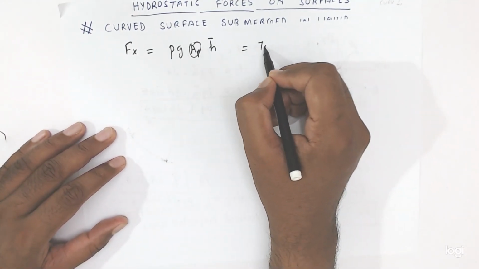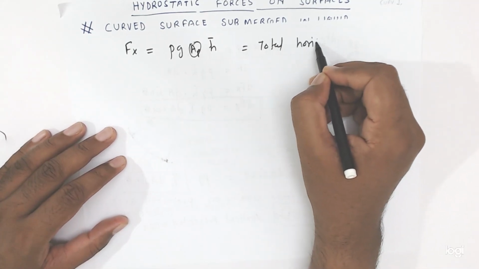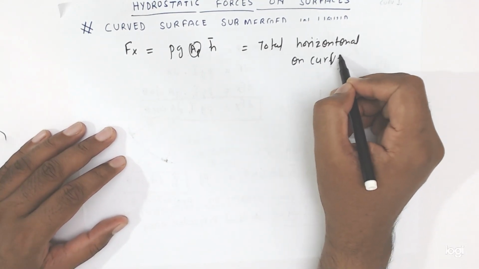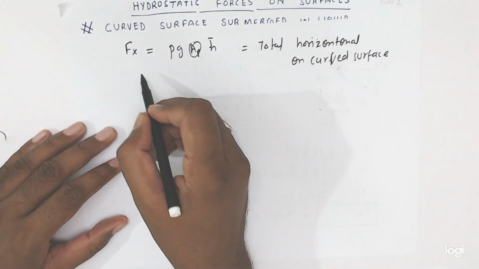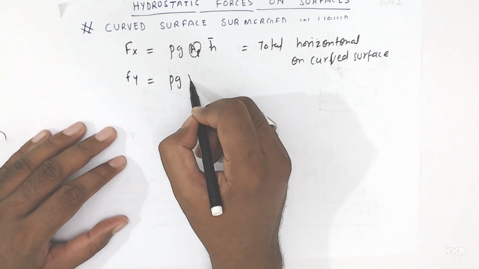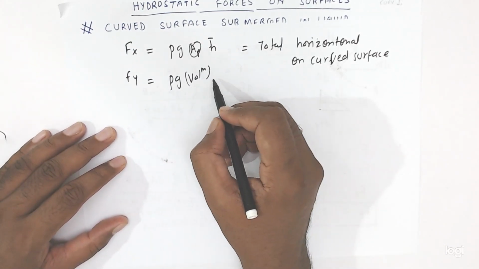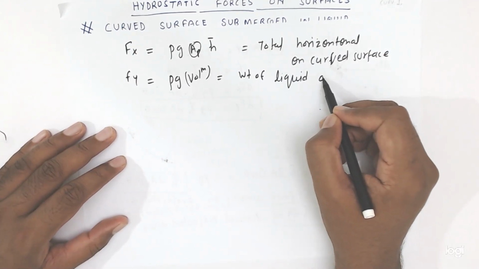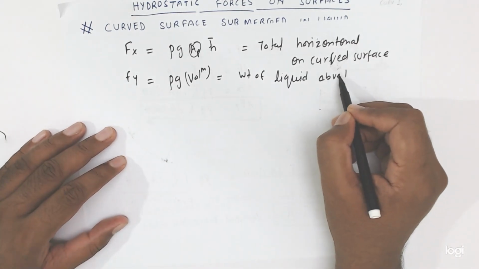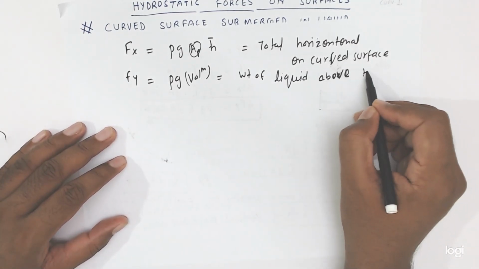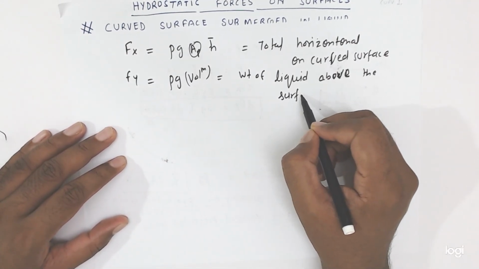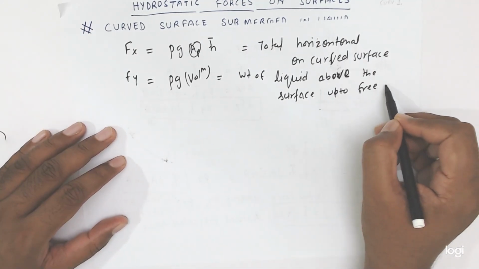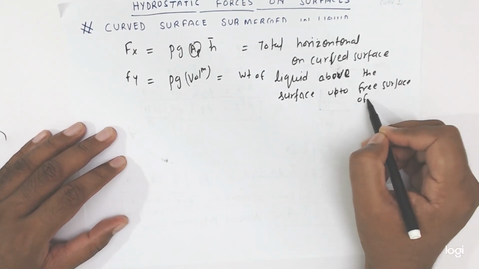This is the total horizontal force on the curved surface, and Fy is equal to rho g into volume up to free surface, or we can say weight of liquid above the surface up to free surface of liquid.